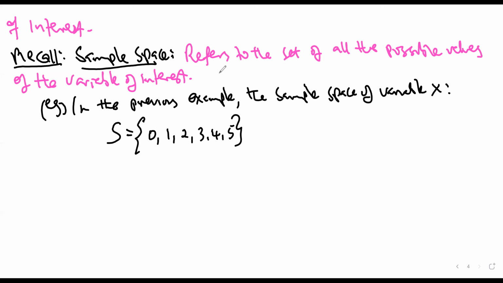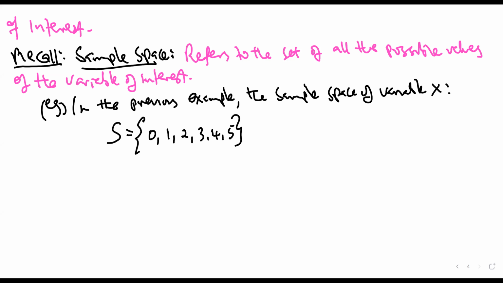We're saying that this refers to the set of all possible values of the variable of interest. And in our previous example, we can say that the sample space contains the elements 0, 1, 2, 3, 4, and 5.